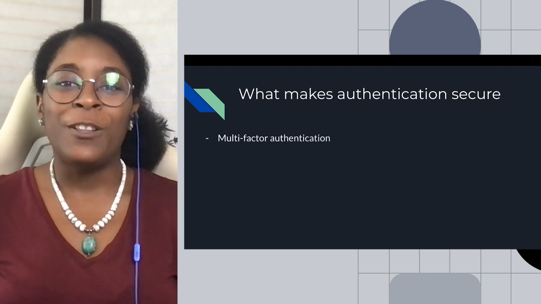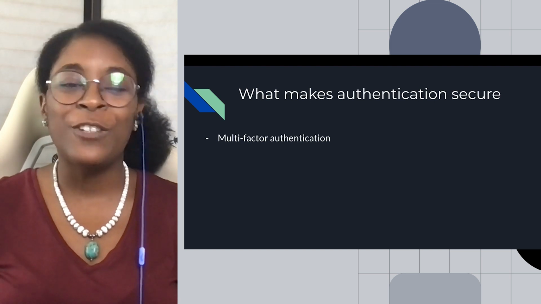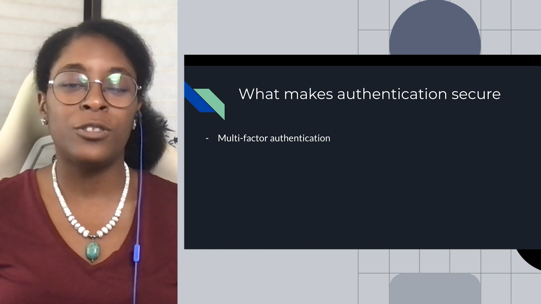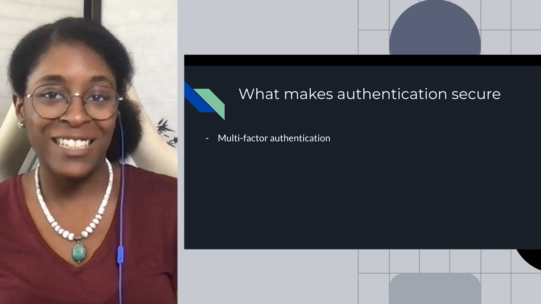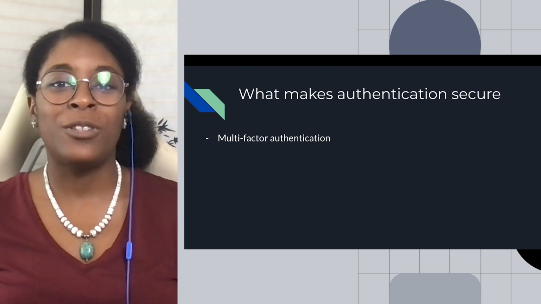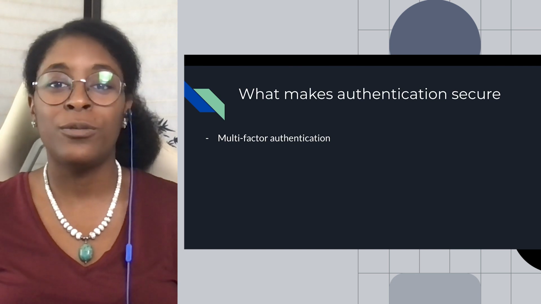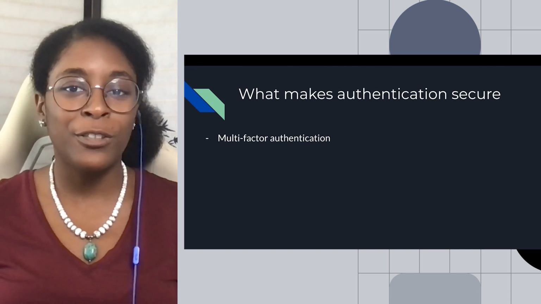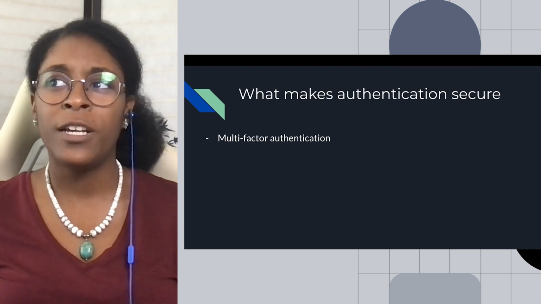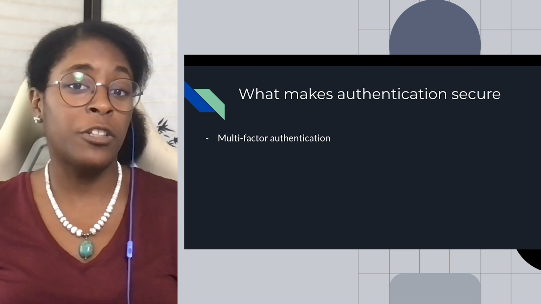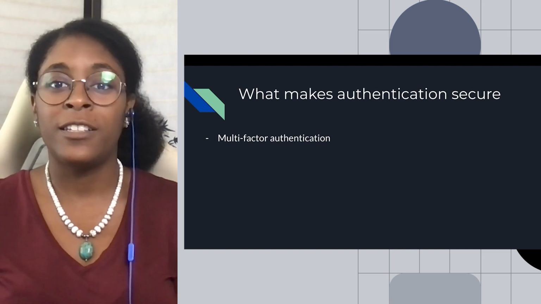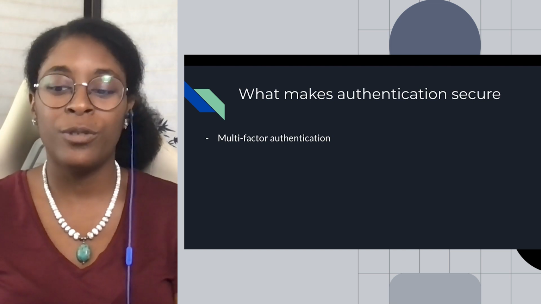I'm sure a lot of you are familiar with multi-factor authentication, so you make your users verify their identity on another device. So they'll log in and you'll require them to send some kind of code to an email address or a phone or some kind of third-party app, and they'll also verify that they're the ones trying to log in through that.